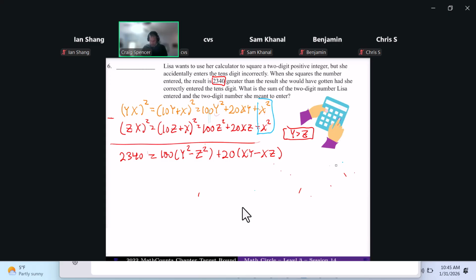So it is not obvious yet how to work with this. What you might want to do is factor stuff out as well as you can. For instance, this thing here is a difference of squares.